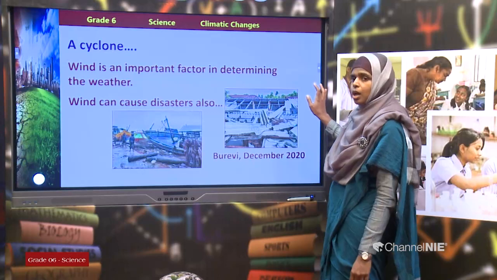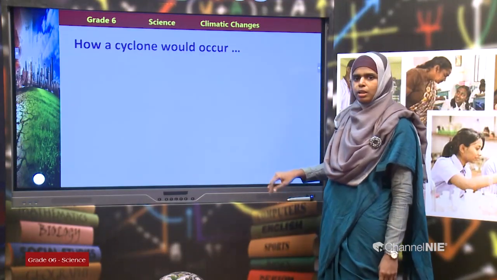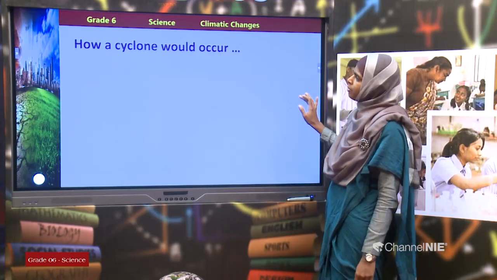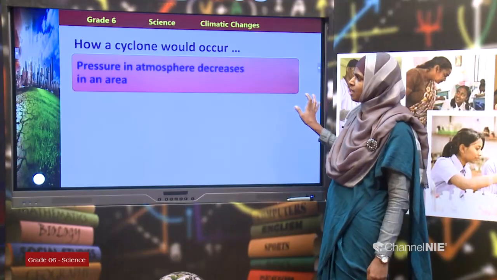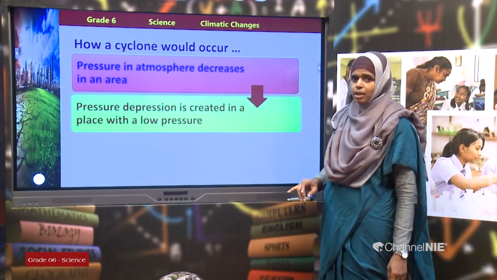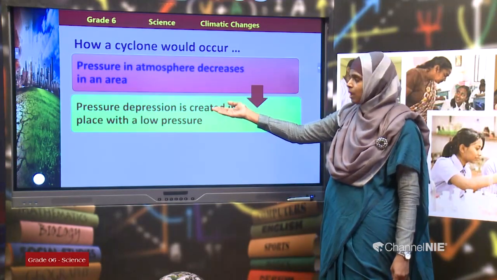Let's see how a cyclone would occur, children. Do you know how a cyclone would occur? What would happen first? Yes, the atmospheric pressure decreases, children. In an area, naturally this might happen due to various climatic changes, weather changes. The pressure of the atmosphere can decrease. In an area, if the pressure decreases from the surrounding area, we call it a pressure depression.